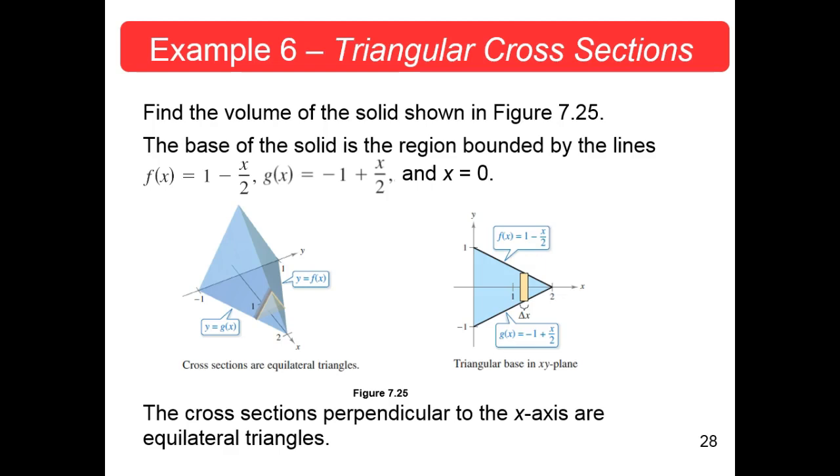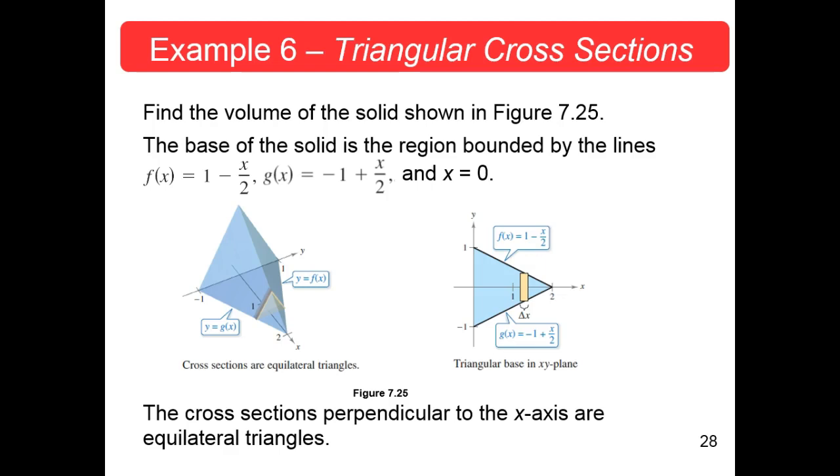G of x, there's your y is equal to L of x there. That's happening. G of x is minus 1 plus x over 2, which I would have written as 1/2 x minus 1. So again, looking down at it this way, the y-intercept is minus 1 and the slope is positive 1/2.